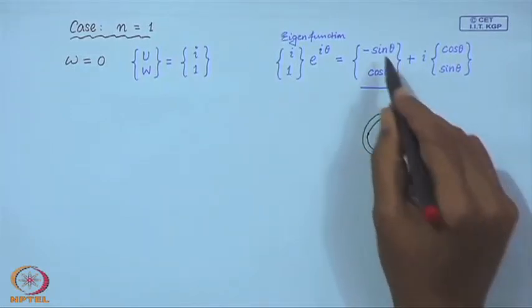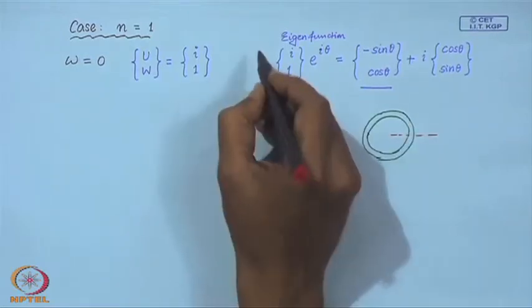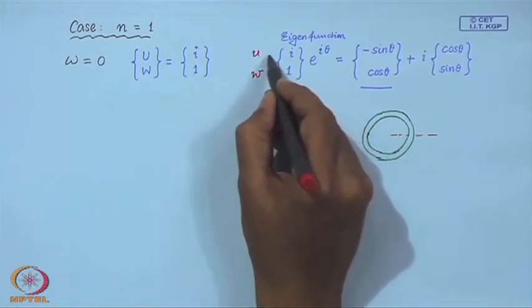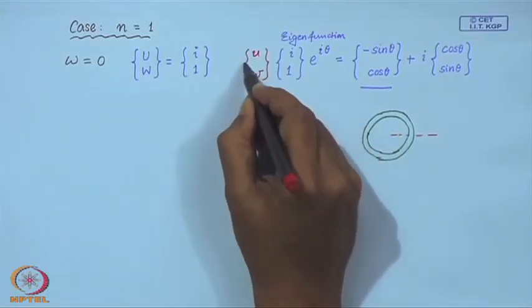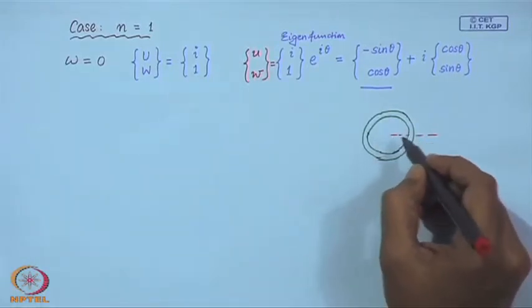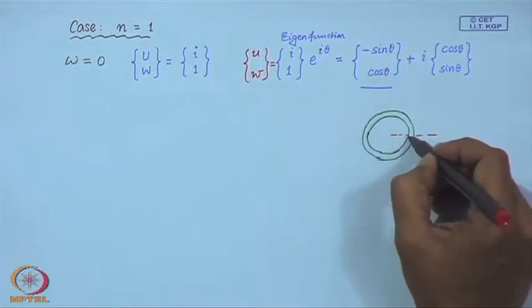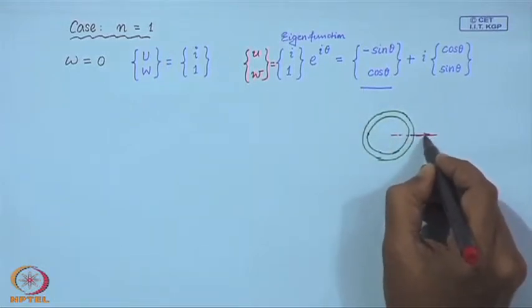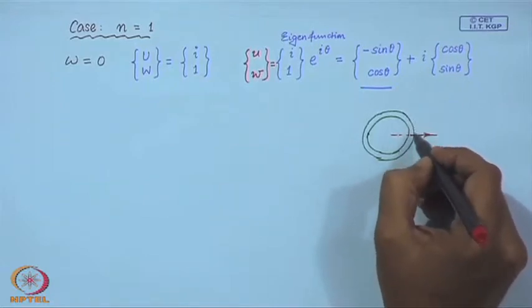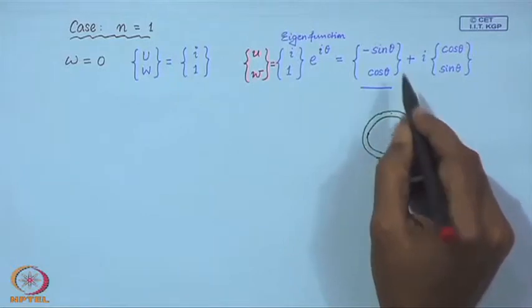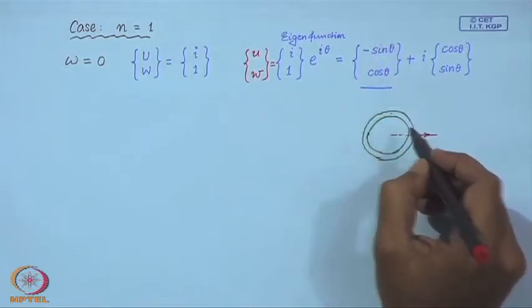So, this is u, this is the u motion, and this is the w motion. So, u is 0 here, whereas w is plus 1, and then you will find that at this point theta equal to pi by 2, this is minus 1.